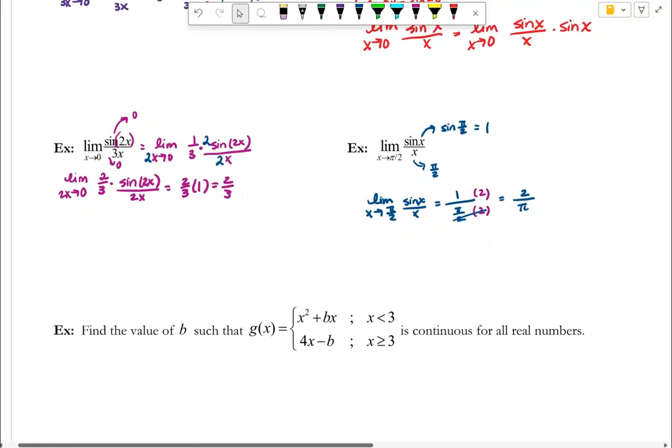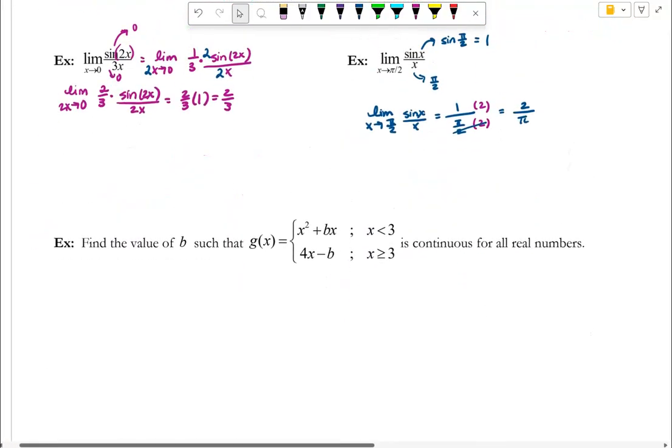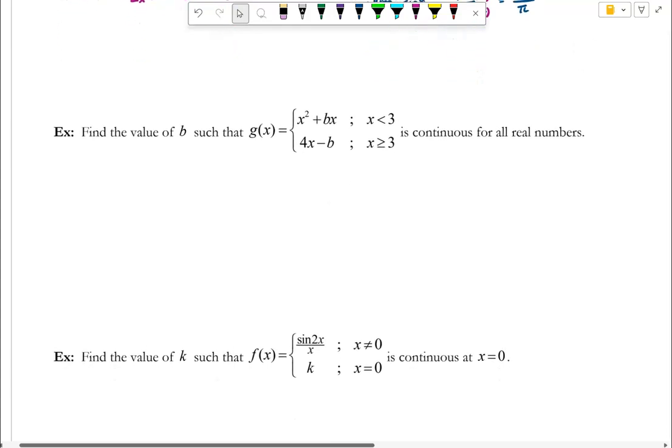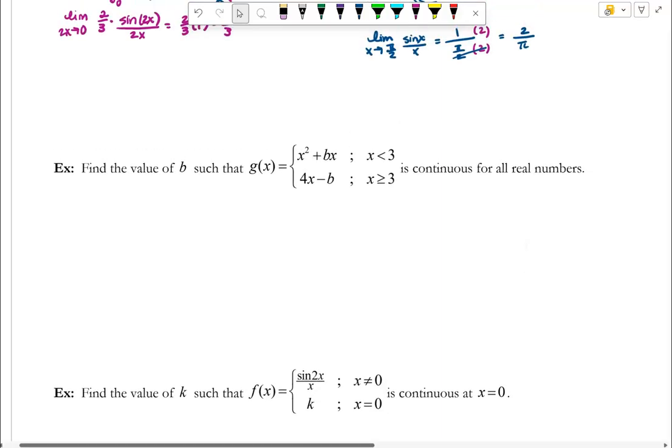Okay, the final example, or two final examples that we're going to look at, come back to this idea about continuity. So remember in our first lesson, we talked about this previously in this lesson, the definition of continuity, the DOC, tells us that if a function's continuous, its limit must exist.